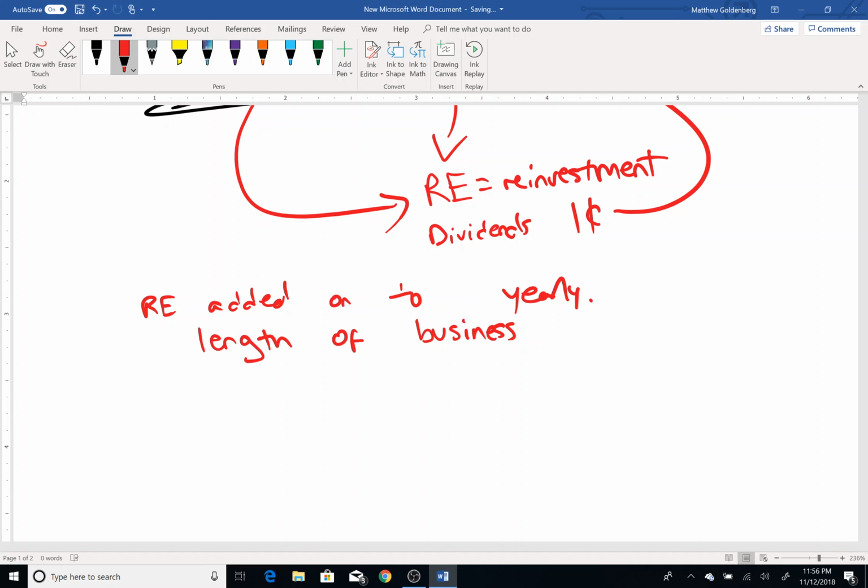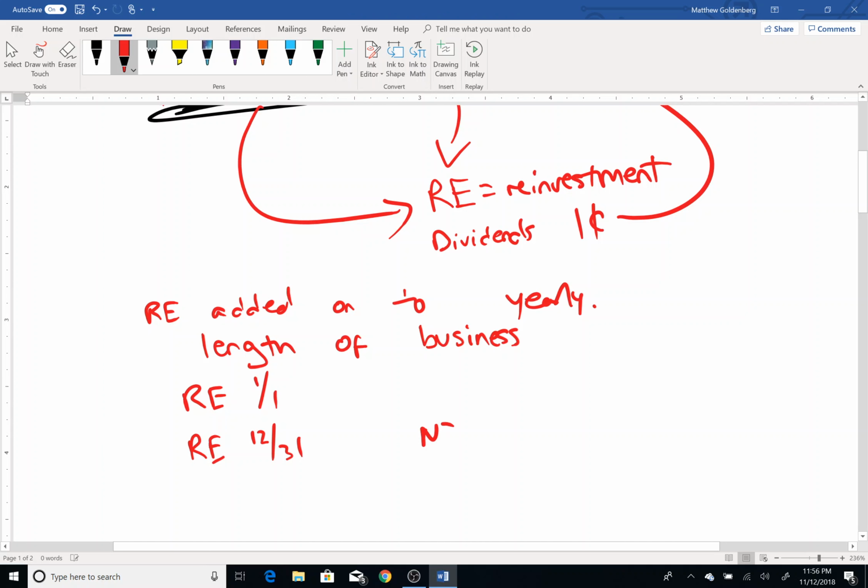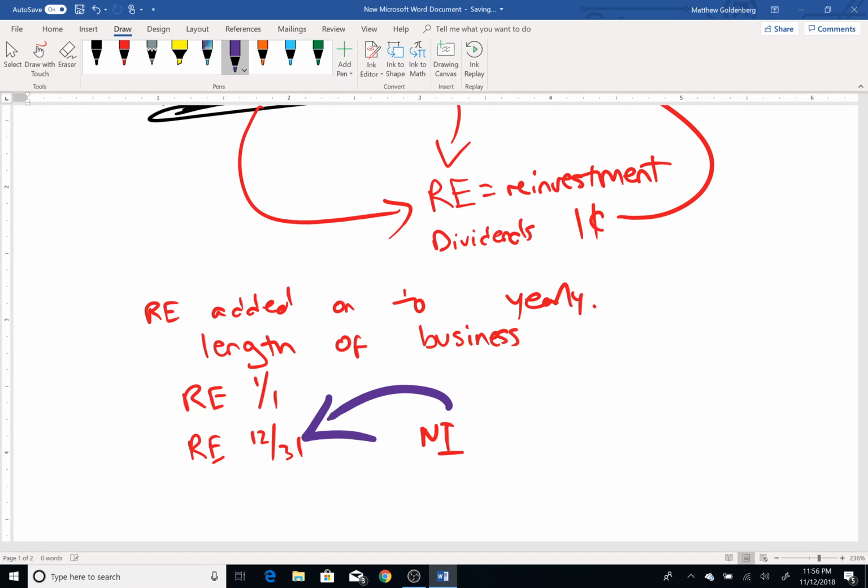So you typically have a retained earning for the beginning of the year. You typically have a retained earning for the end of the year, in the numbers that you will typically get in accounting, because it just keeps adding on to itself. So this net income goes into the end of the year retained earnings as reinvestment in whatever you want to reinvest it in.